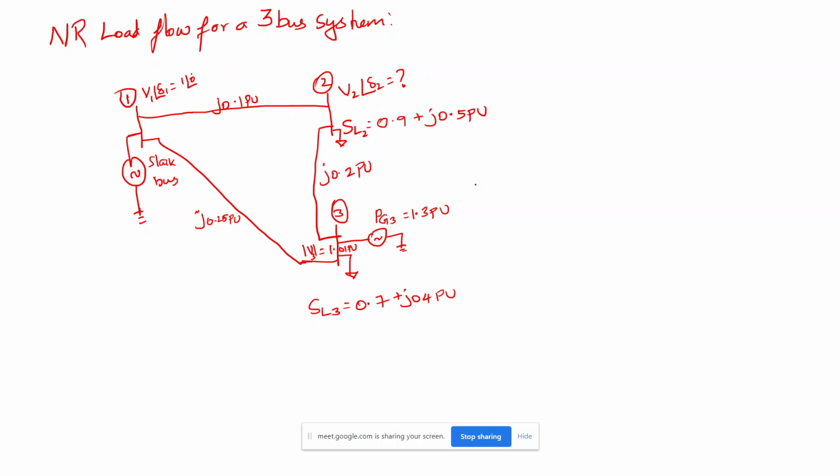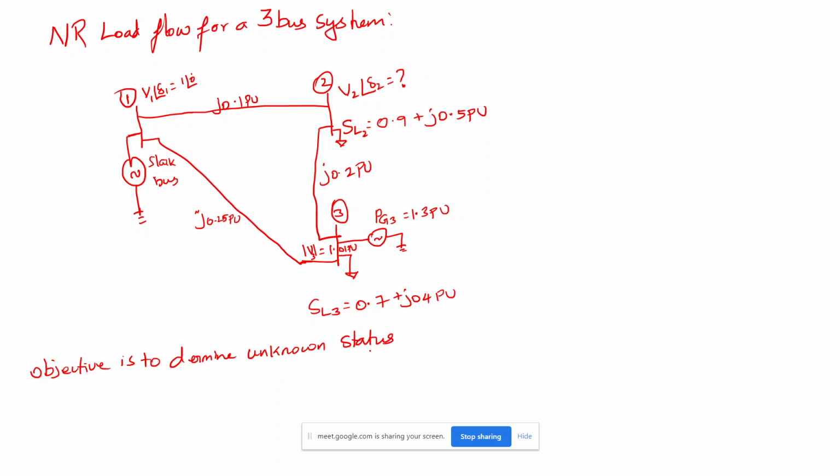The first step we need to do is, and I will write the question first. The objective of this question is to determine the unknown states.